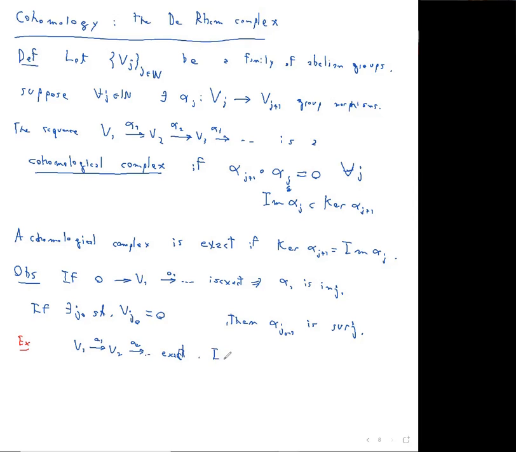And if Vj minus 1 and Vj plus 2 are 0, then the two in-betweens are isomorphic. This should be very easy. Just say some kernels, some images are the same.